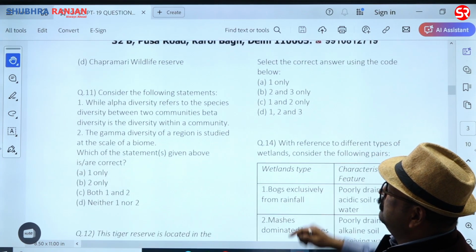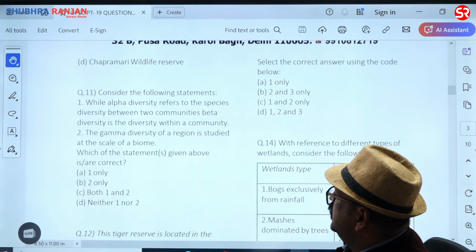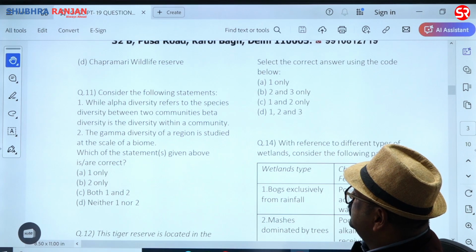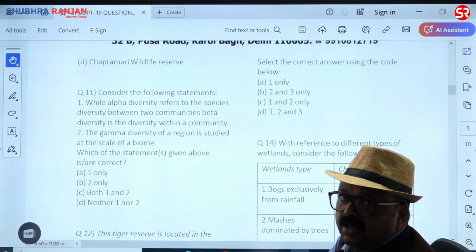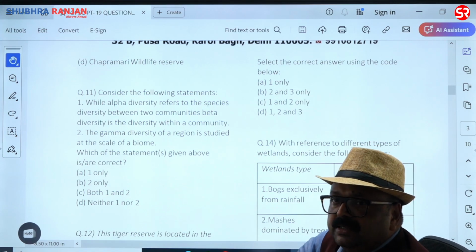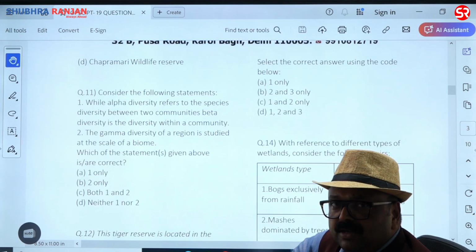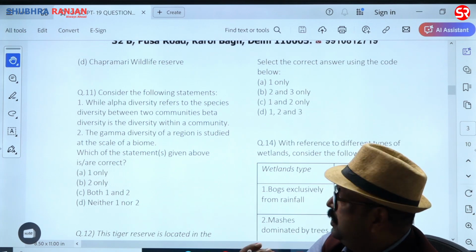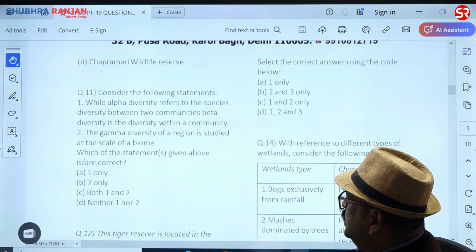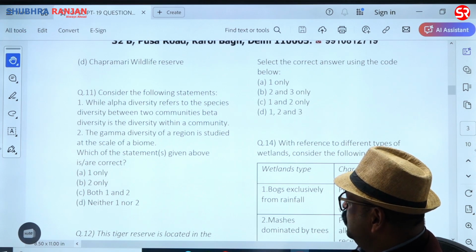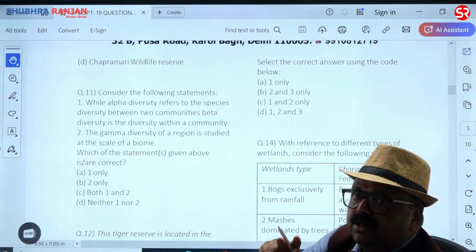So question number 11. Consider the following statements. While alpha diversity refers to the species diversity between two communities... no, my dear, alpha diversity is species richness or evenness you are considering in the same ecosystem, in a single community. Beta diversity, you are comparing two ecosystems.